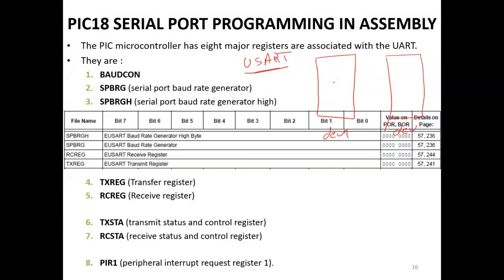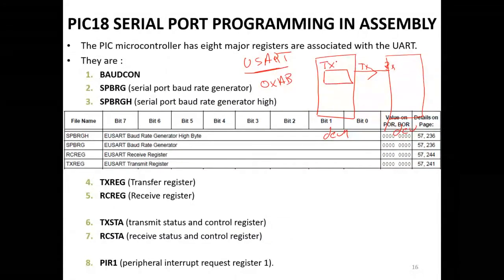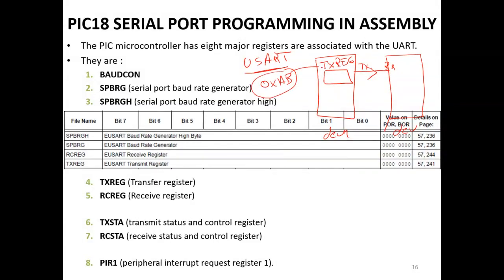If you want to send any byte of data, we have the TX pin and here the RX pin. Let's suppose that we want to send the value 0xAB. There is a register named the TX register. You just have to put this value into the TX register. And first of all, you have to configure the speed.